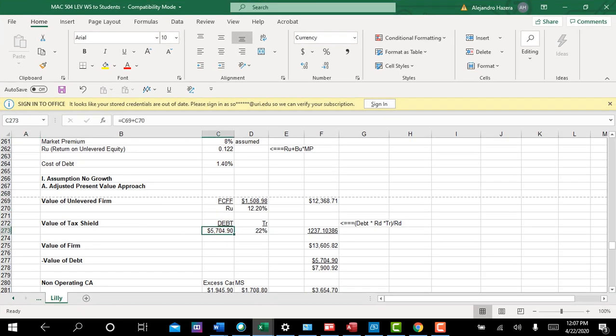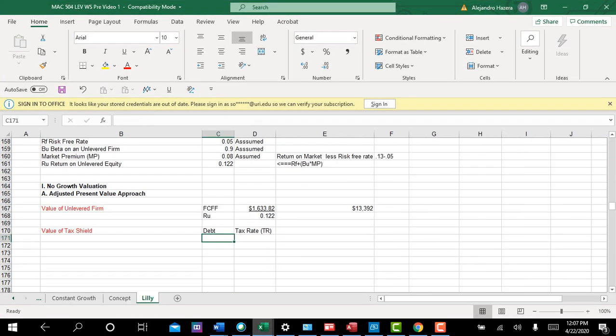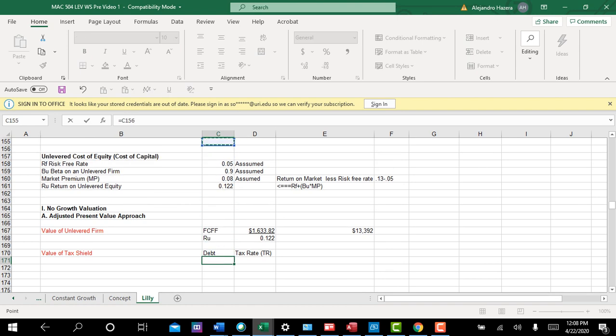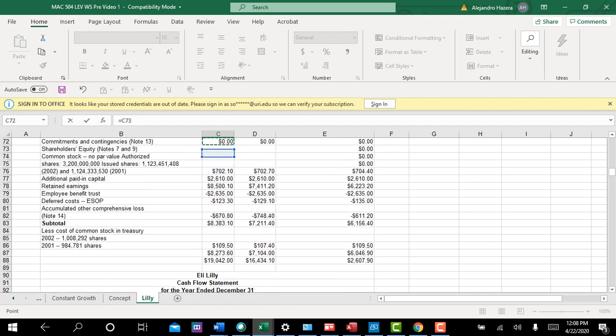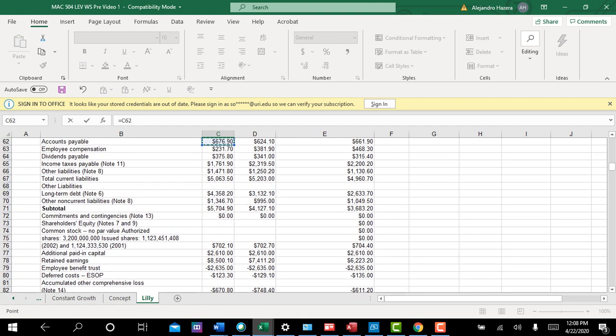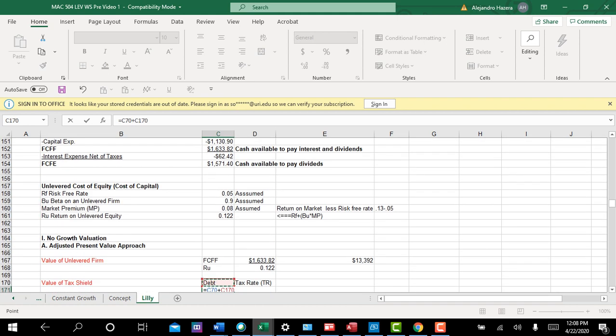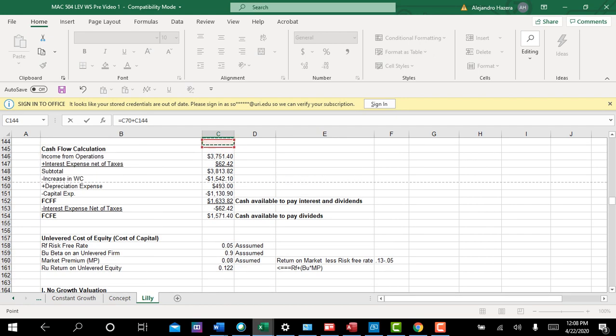So the value of debt here, I'm going to go up to the balance sheet and get the value of long-term debt.